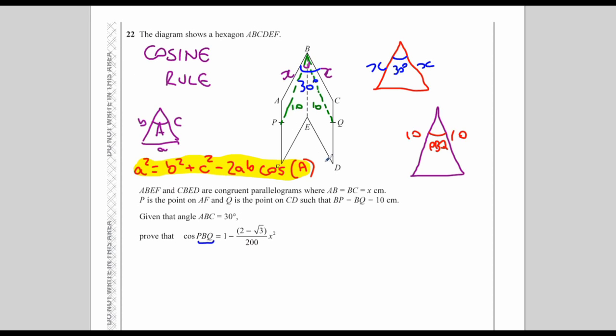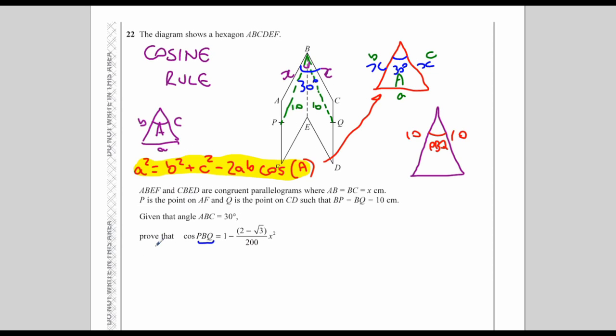If we apply this formula to the top triangle, we're going to label the angle A, the opposite length little a, and B and C here.